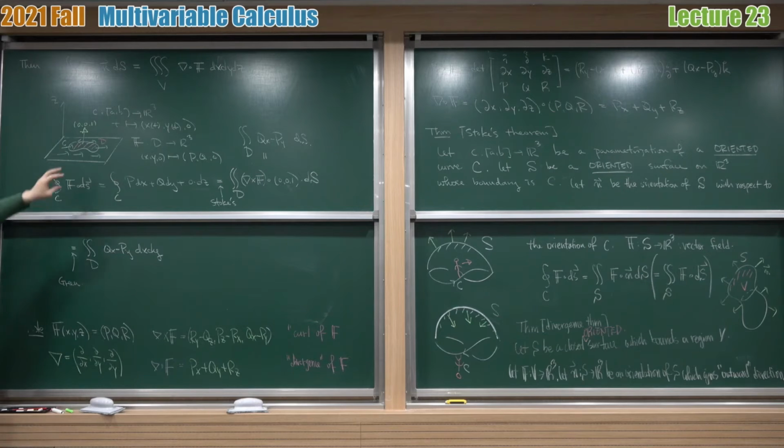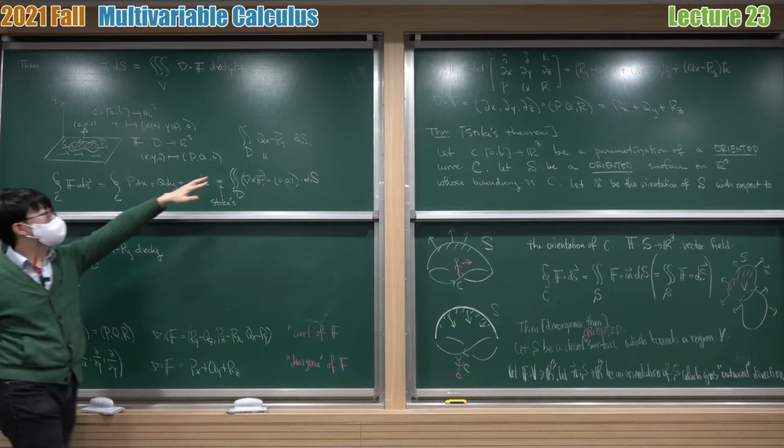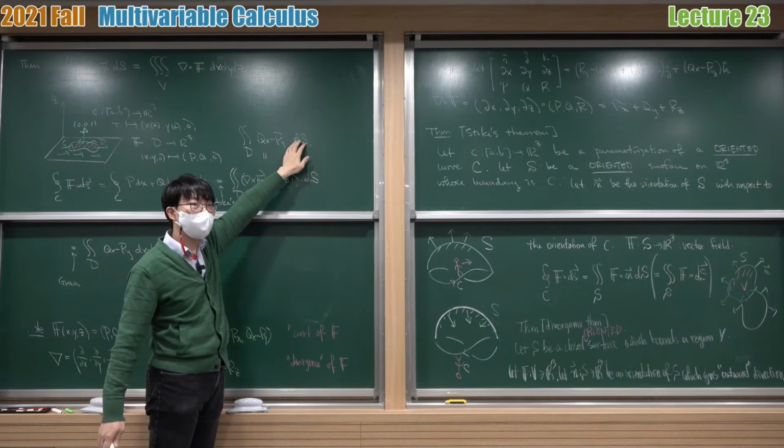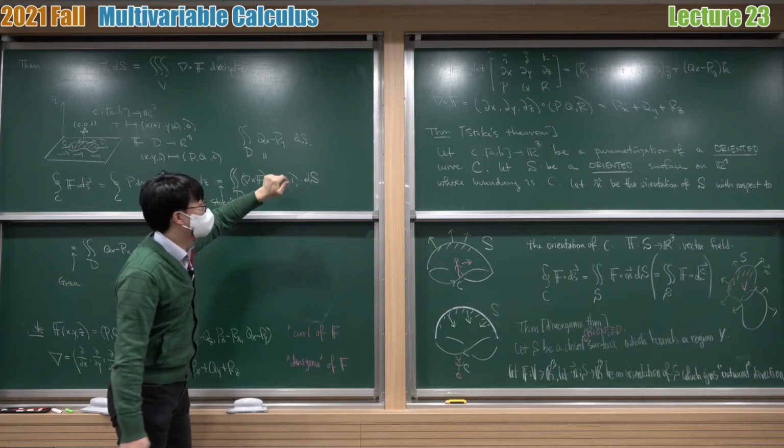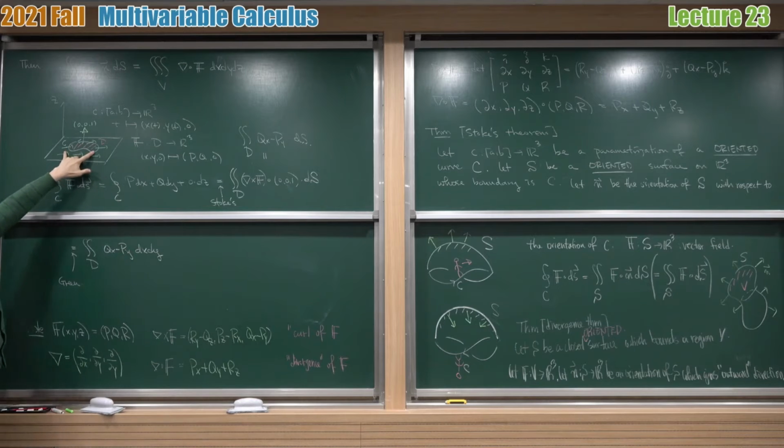Since we have a surface S, or I mean the D, this dS is just the conventional notation used in the surface integral. So D is already in the xy plane. So I'm going to use x and y as coordinates for parameterizing D, right?